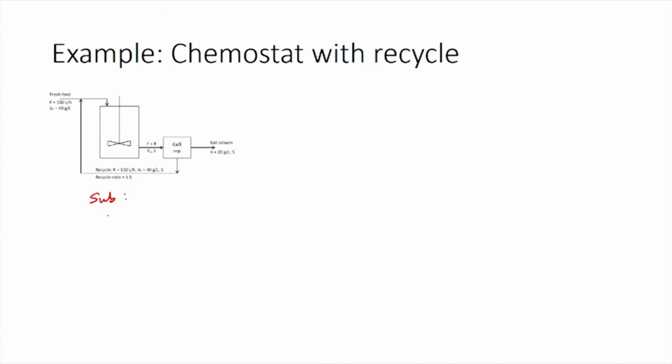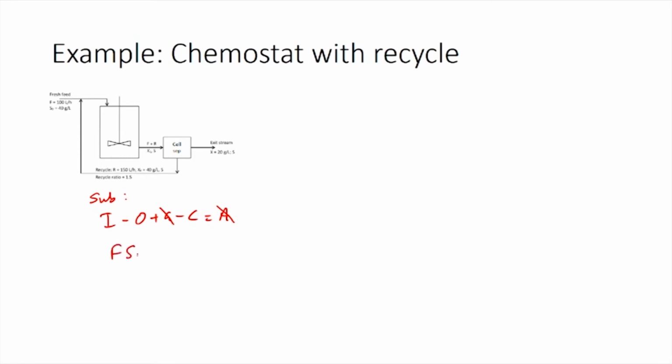For the substrate balance, again it is input minus output plus generation minus consumption equals accumulation. No generation for the substrate, and no accumulation. So, you are left with only input, output and consumption. Input for substrate would come through both the fresh feed and the recycle stream.